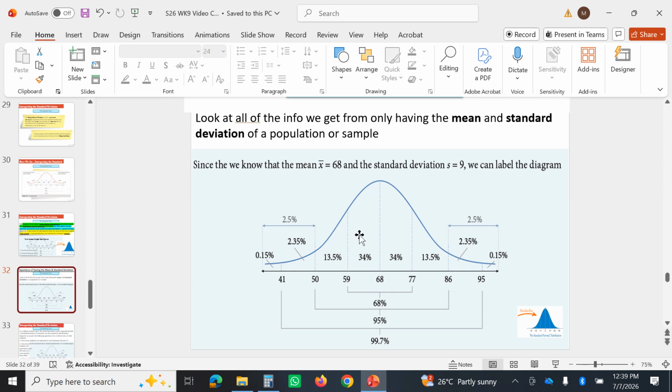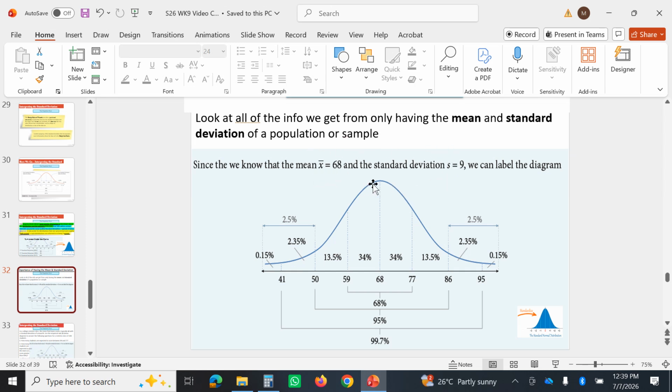Look at all of the info we get from only having the mean and standard deviation of a population or sample. We know that the mean is 68 and the standard deviation is 9, and that's all the information given in this particular question.